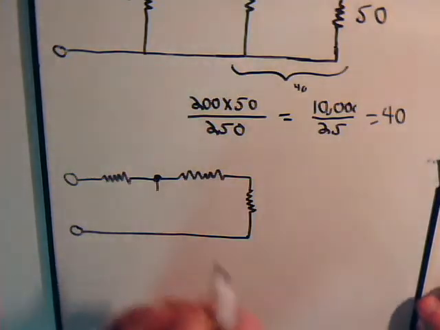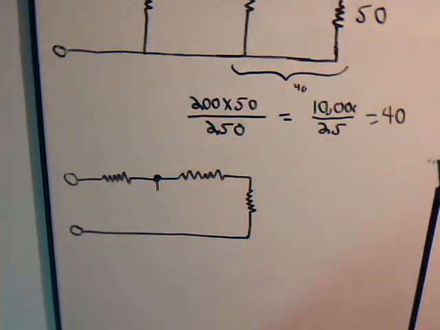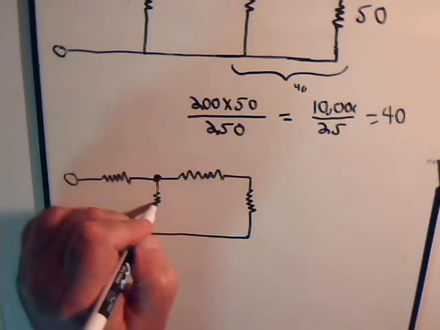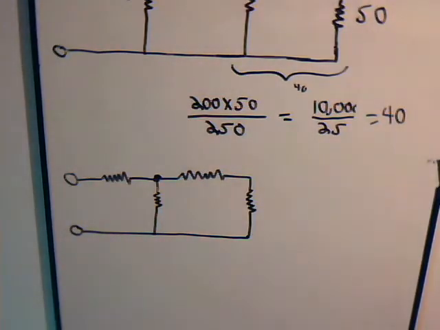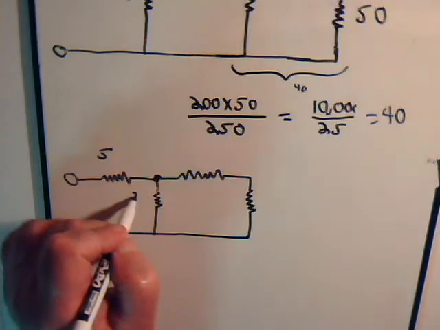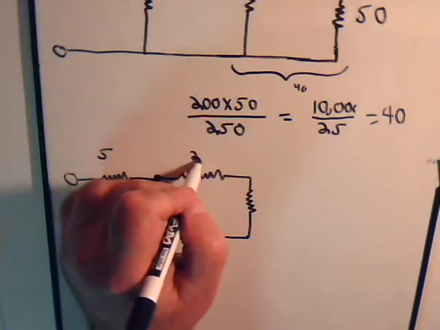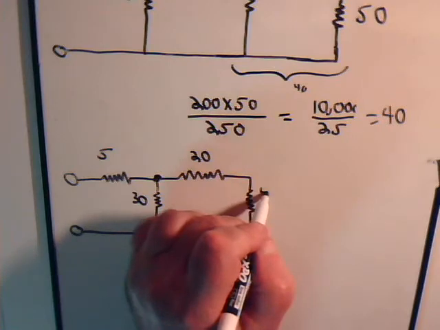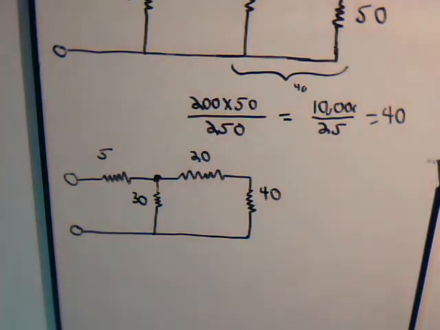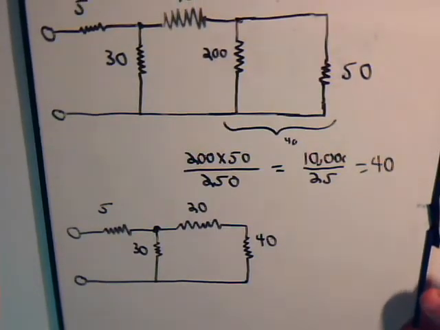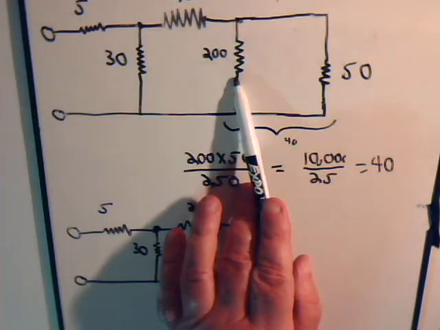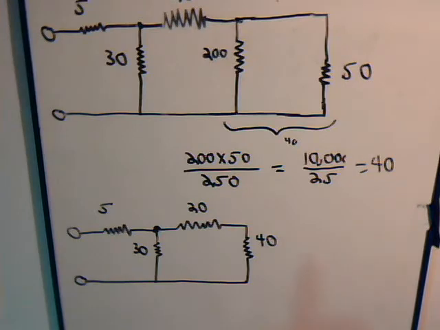And then we got a 30 ohm resistor across here, like this. So this is 5 ohms, this is 30 ohms, this is 20 ohms, and this is 40 ohms. And again, this 40 ohm resistor is the equivalent of this 200 and this 50 ohm resistor. And we can see it's in parallel with the 30 ohm resistor.